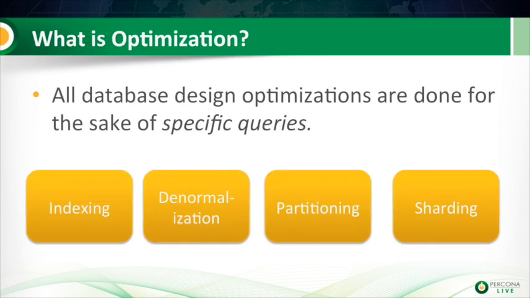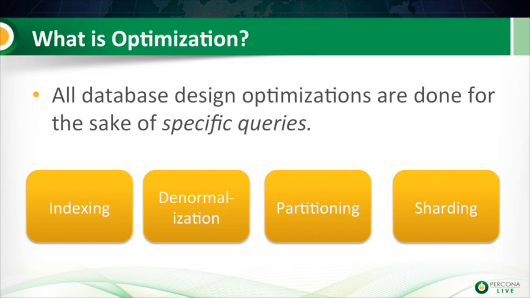What do I mean by optimization of database structure? All the techniques that we have for database optimization, these are good examples of them, and they are all designed to try to solve the performance or scalability for specific queries. That is, all of these techniques kind of depart from having a logical design for your database with rules of normalization applied to design the tables.